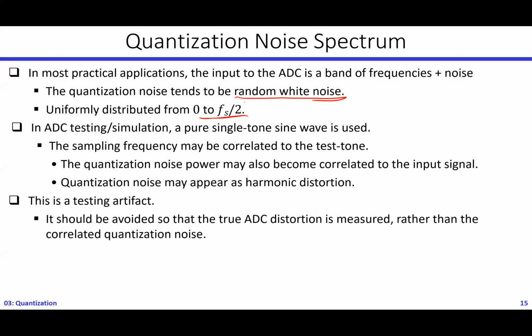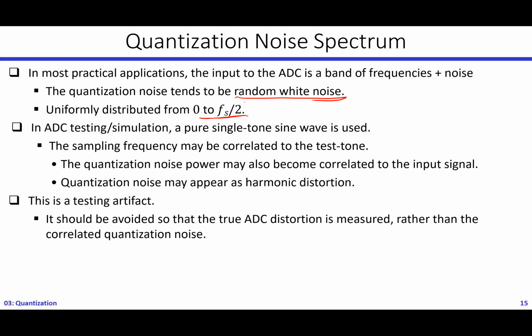Now, why do we keep talking about from 0 to half the sampling frequency? As we will see in future lectures, the way we study the ADC performance, or judge its behavior or functionality, an important way to understand it is to look at it in the frequency domain. That's something very important, and you will see it on all ADCs.